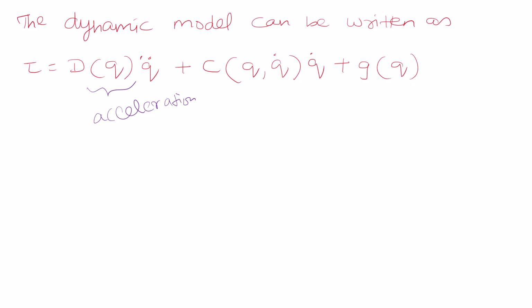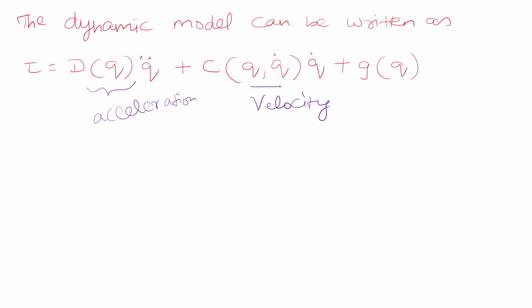It accounts for how the mass is distributed in the robot and how that affects the acceleration of the robot. The second term is the quadratic velocity term, and it describes the centrifugal and Coriolis forces.